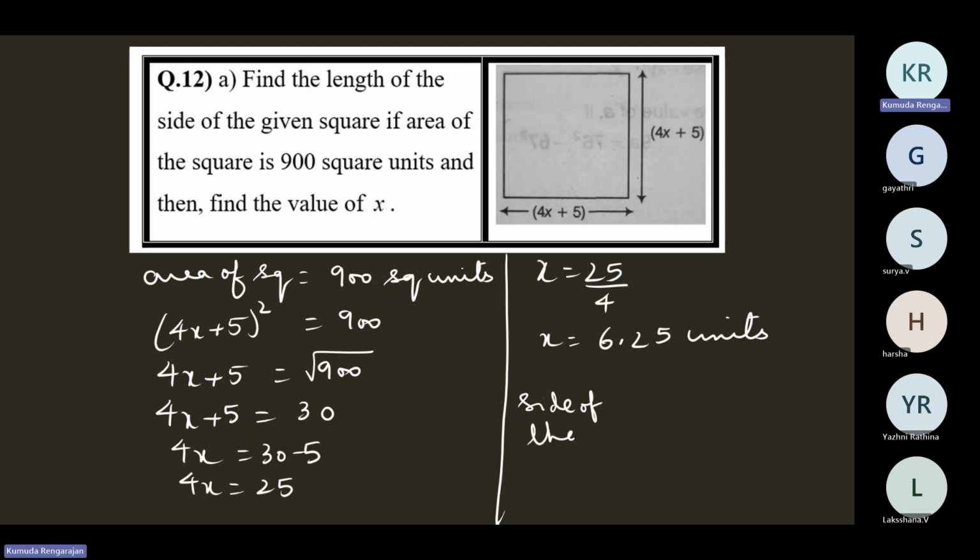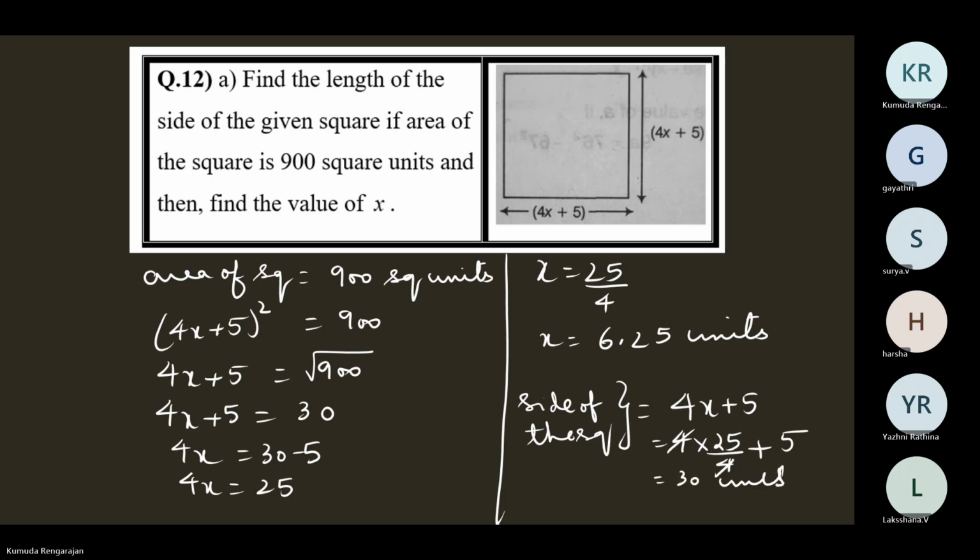This can be guessed, but you have to show the working. Side of the square is 4x plus 5. So that is 4 into x, which is 25 by 4, plus 5. So 25 plus 5, 30. 30 units. Yeah, 30 into 30 is only 900, no? So the side has to be 30 units.